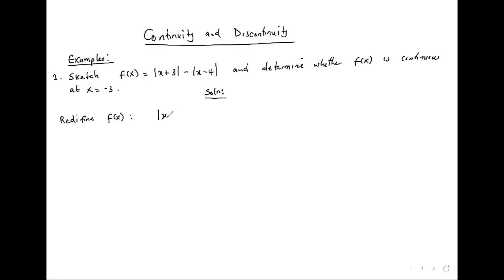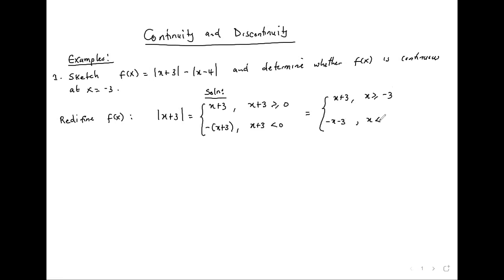So we get x plus 3. Redefine, we'll have x plus 3 when x plus 3 is greater than or equal to 0, then negative x plus 3 when x plus 3 is less than 0. This is giving us x plus 3 when x is greater than or equal to negative 3, and negative x minus 3 when x is less than negative 3. Then the other one, it's x minus 4.